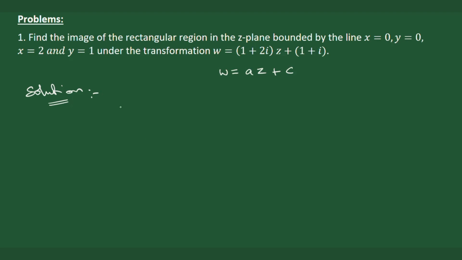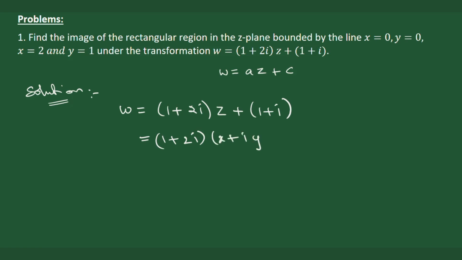Let us consider w = (1 + 2i)z + (1 + i). First let me write it in terms of u + iv. Here z should be replaced by x + iy, so w = (1 + 2i)(x + iy) + (1 + i).